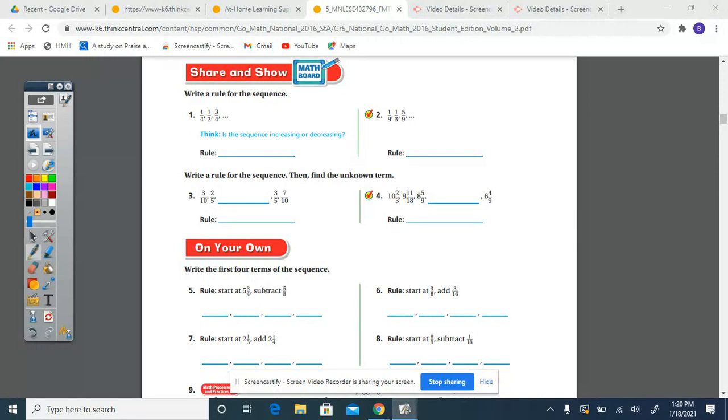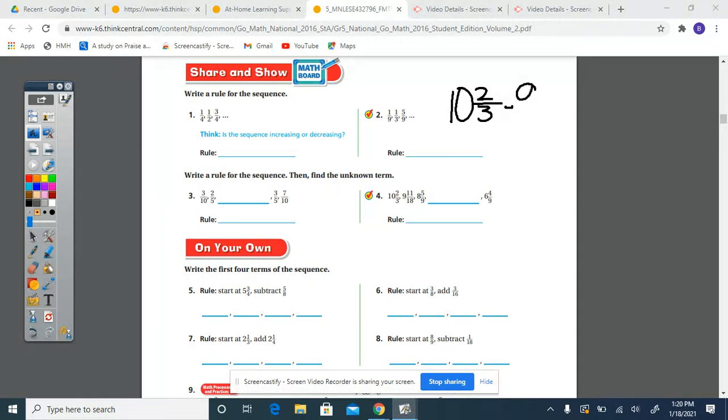So we know that this is decreasing, but we just do not know by how much. So subtract blank or decrease by blank. We're looking for that fraction. What are they decreasing by each time? So we need to do some subtracting to figure out what they are doing.